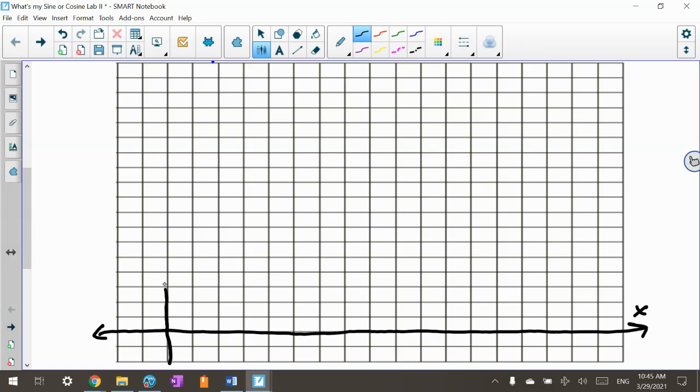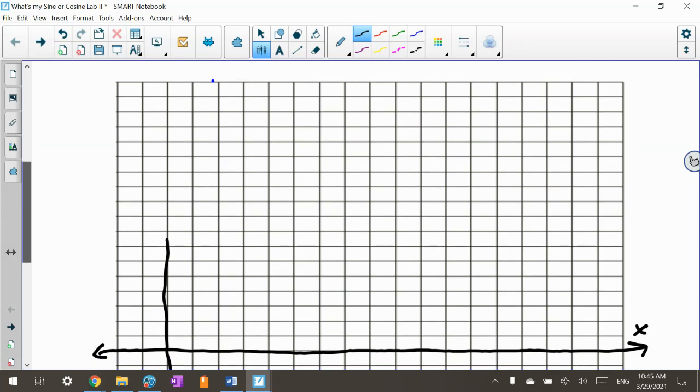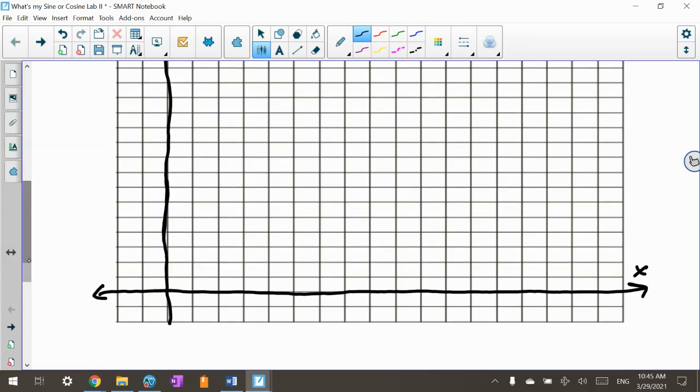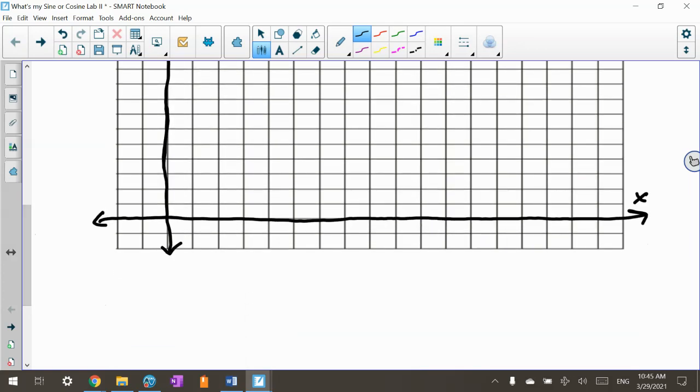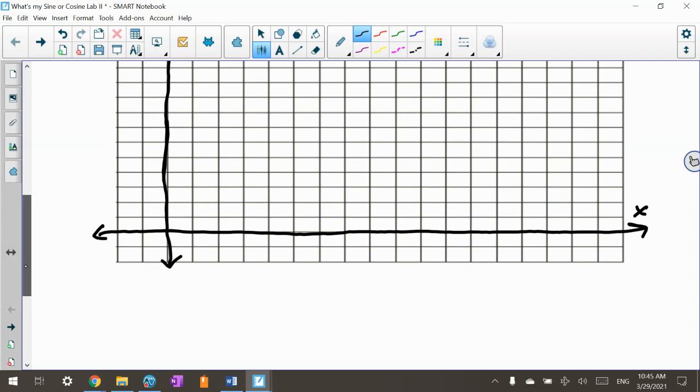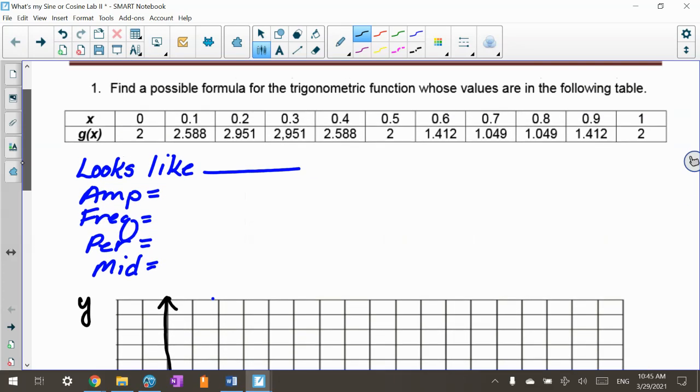When I start doing these, well, it's really wiggly, I try to use as much of the graph as I can. I just don't want you to think that every time you do a graph, everything has to stand for 1, because it doesn't have to, okay? And how I came up with where to set this up and how to count it by, here's my x and here's my y, is I looked at the points that we had on the table.